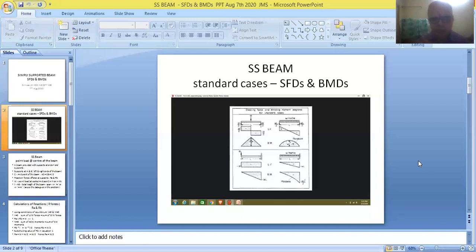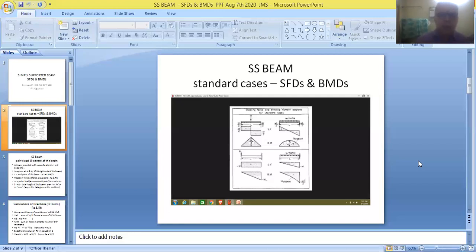This length of the beam is generally referred to as a span, and it is expressed in terms of meters, centimeters, or sometimes millimeters. Generally, the length of any beam will be expressed either in terms of meters or in terms of centimeters.